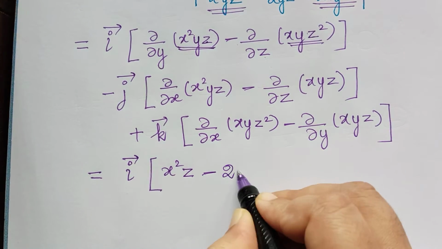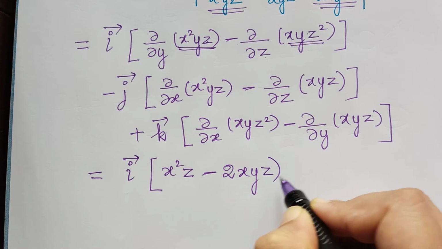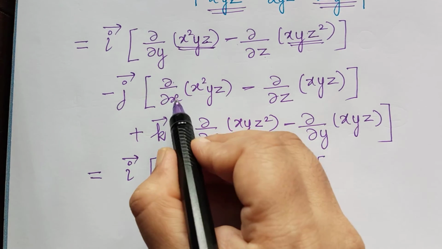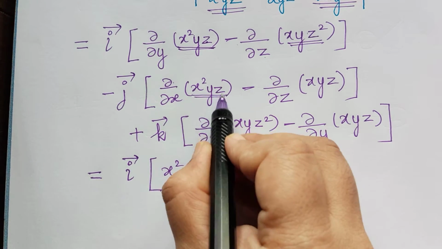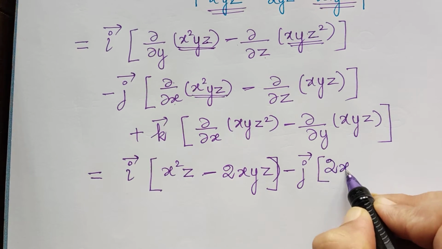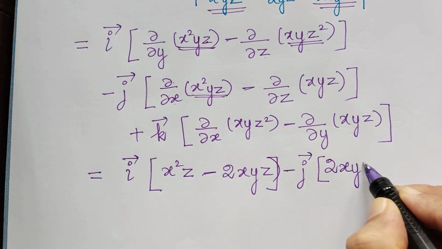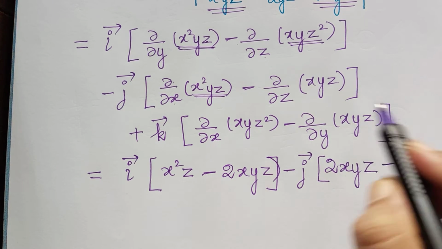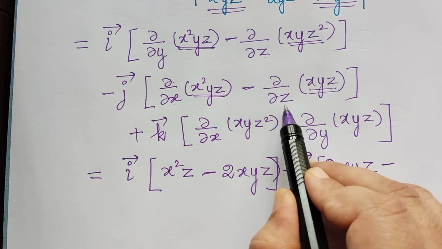So we can write it as 2xyz, minus j vector multiplied with dou by dou x of this. So partial differentiation with respect to x will be 2x, and yz are constant, so they come as it is. So 2xyz, minus the partial differentiation of this with respect to z.